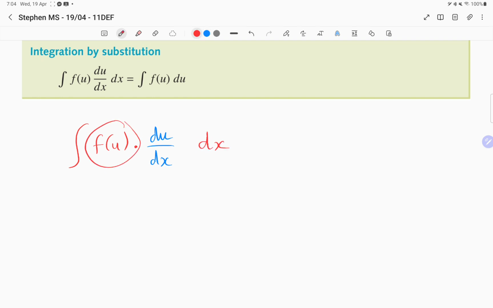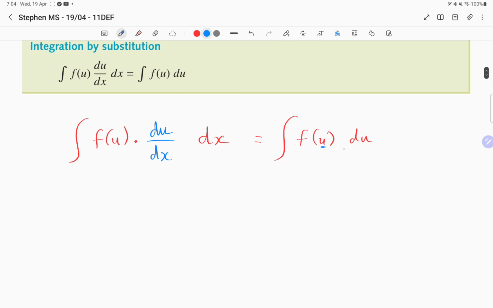So you say this is a function of u, but you want to derive it with respect to x. In order to do that, you need to have a du over dx inside it, and then that would be the equivalent to the antiderivative of f(u) with respect to u, which is straightforward. Think about it, if this is the same as the one that it is with respect to, you just antiderive as normal.